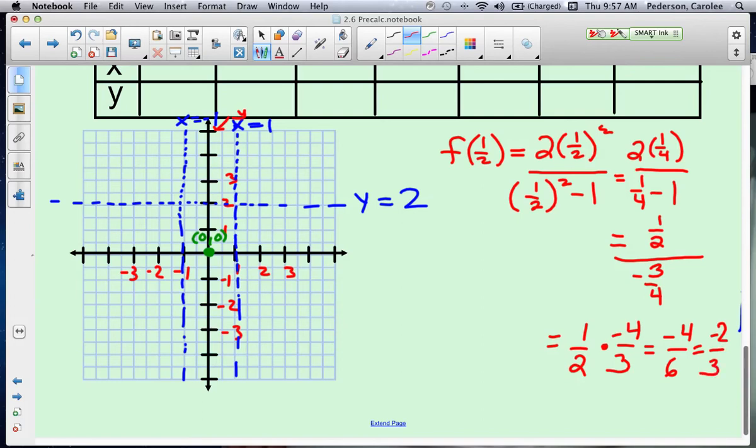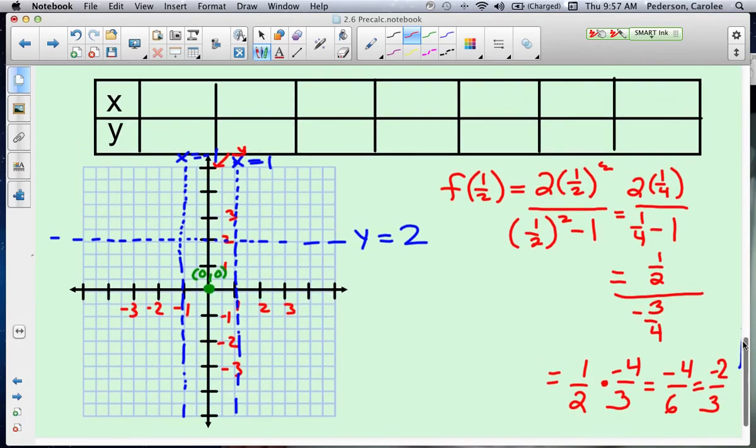So if I go up to my XY chart, I evaluated it for 1/2, so I got negative 2/3. Now there's symmetry with the y-axis, so if I plug in negative 1/2, what would I get? Negative 2/3 also. So I save myself a little bit of time and don't have to evaluate again.